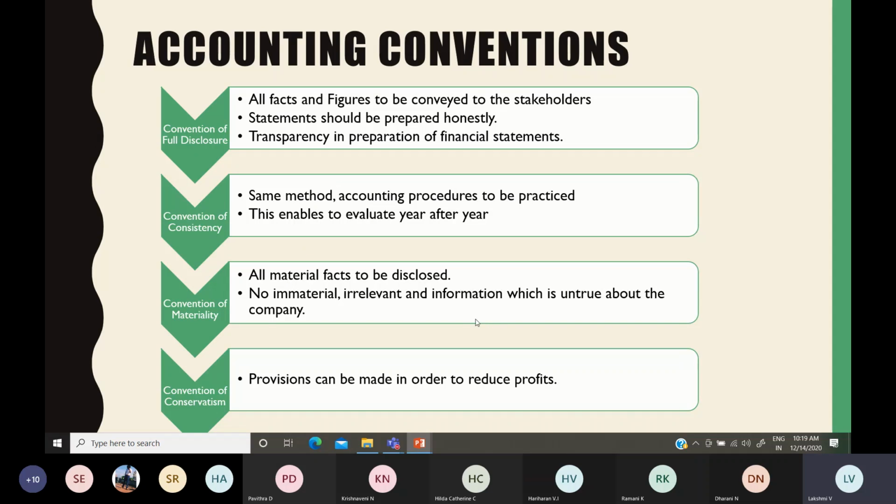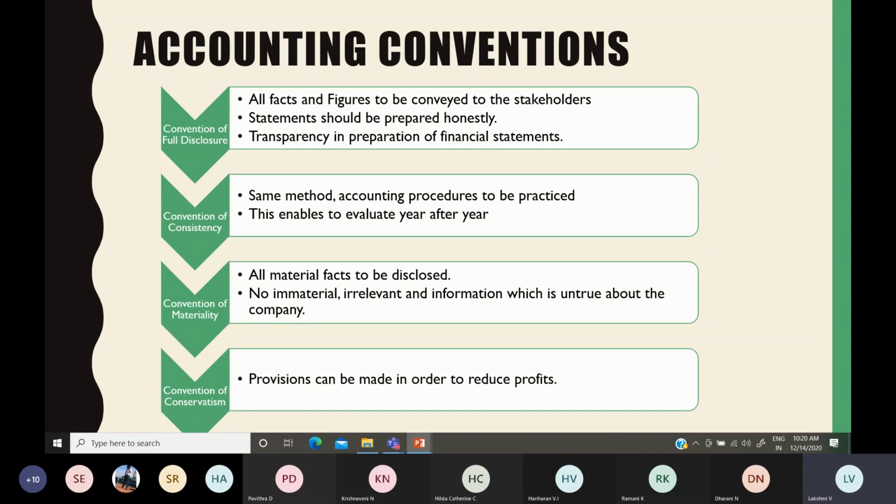Convention of materiality. Only material information, which is true and relevant, should be given. All those irrelevant things, which are not required, I should not give in my financial statements. Information that is not trustworthy, not required, irrelevant to disclose at present, I have to just neglect.